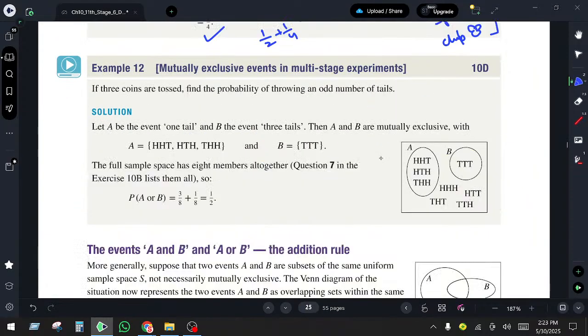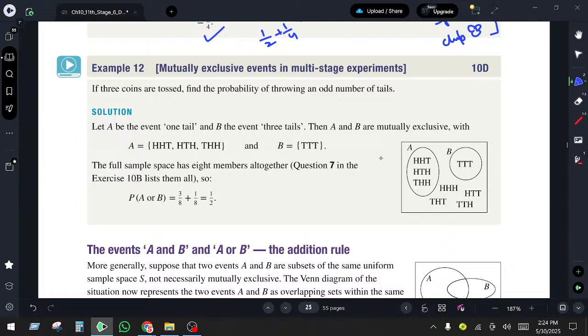Now, mutually exclusive events in a multi-stage experiment. If three coins are tossed, find the probability of throwing an odd number of tails. We are tossing three times.